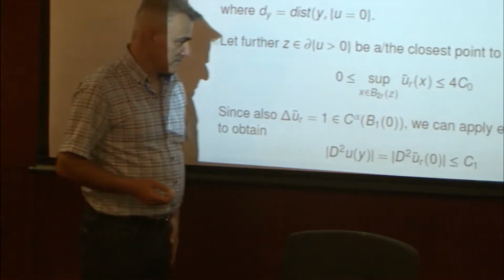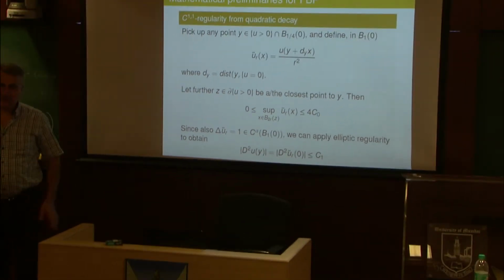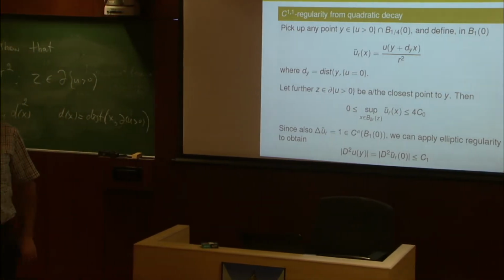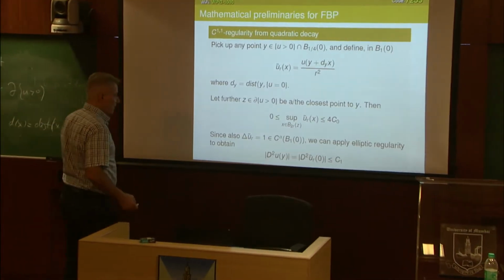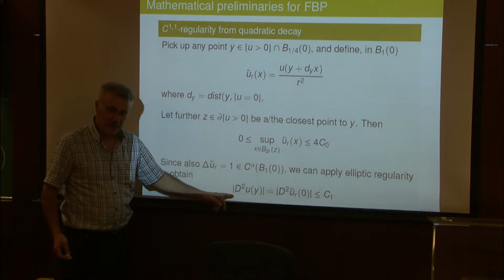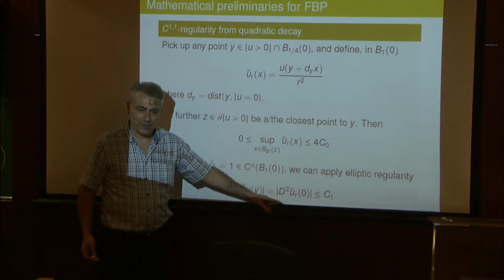So elliptic theory tells us that we get a universal bound on second derivatives. So at the origin, the second derivatives of the function u at the point y is exactly the second derivative of u tilde r at 0.